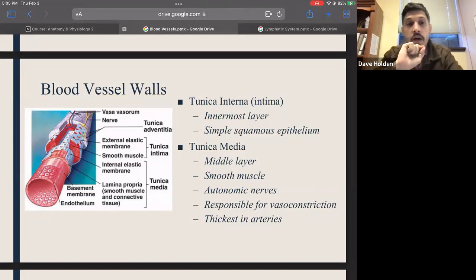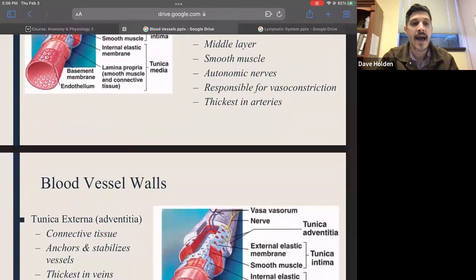So the layers of an artery are called the tunica layers. Tunic, like a tunic that you wear, like a wrapping, because these are layers wrapped around a vessel. So the tunicas, we get 3. The intima, the media, and the externa, also called the adventitia.